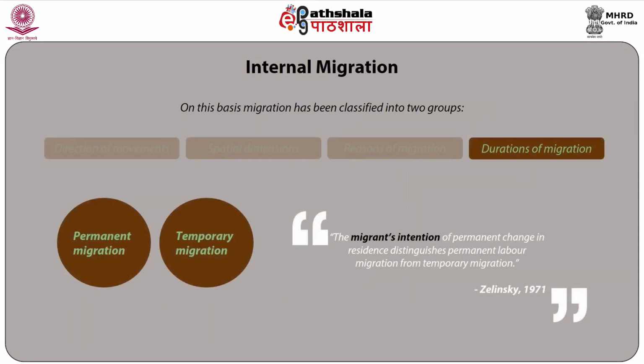On the basis of duration of migration, it has been classified into two groups: permanent migration and temporary migration. The migrant's intention of permanent change in residence distinguishes permanent labor migration from temporary migration.